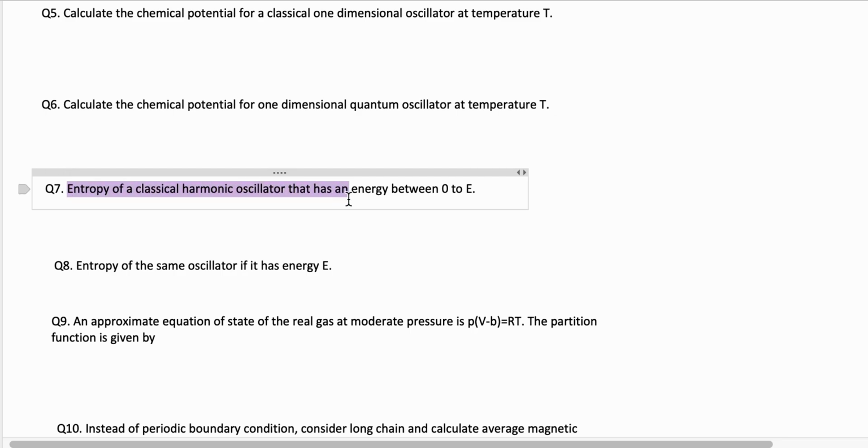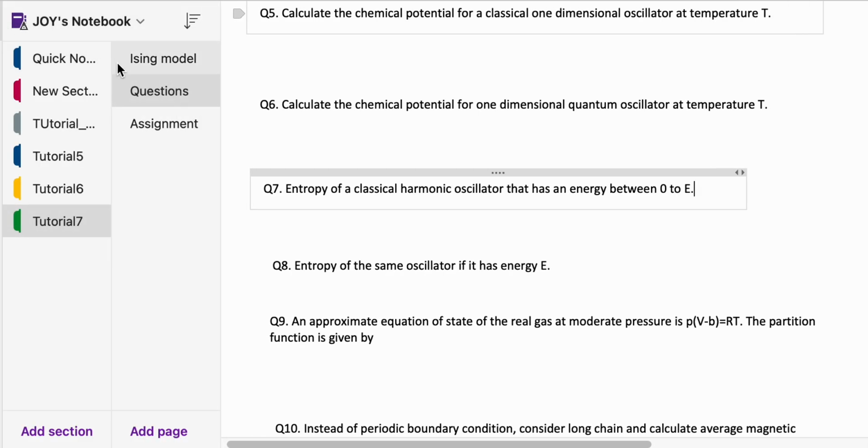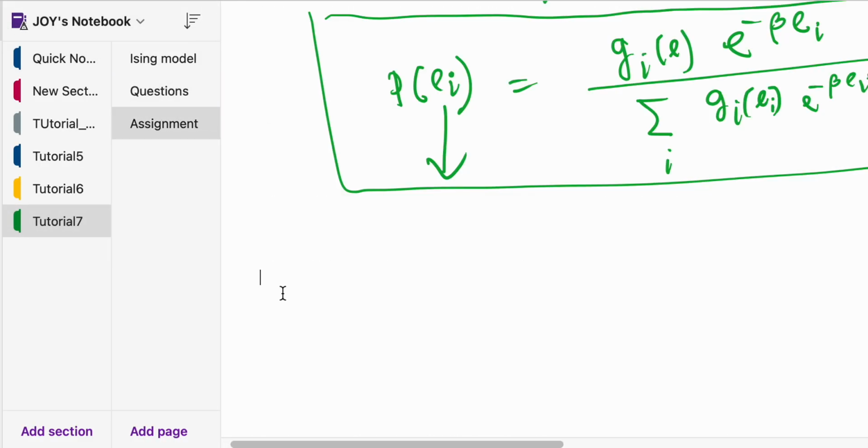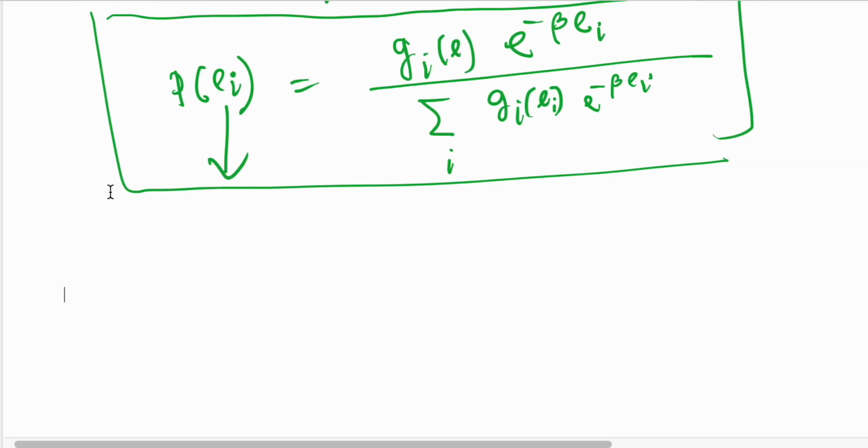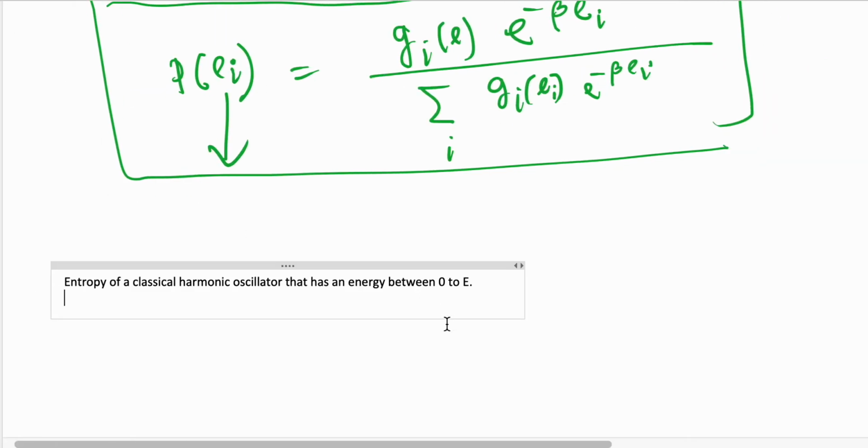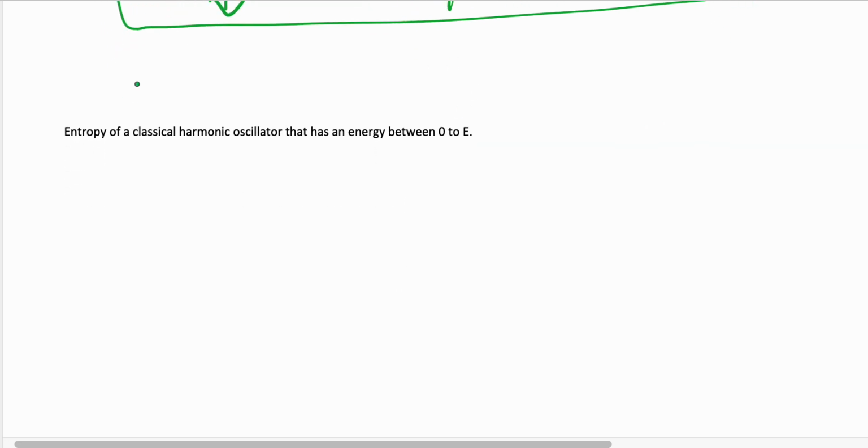The entropy of a classical harmonic oscillator, a simple and interesting question. Here it is asked: entropy of a classical harmonic oscillator that has an energy between 0 and E. So what will be the entropy of the classical harmonic oscillator?